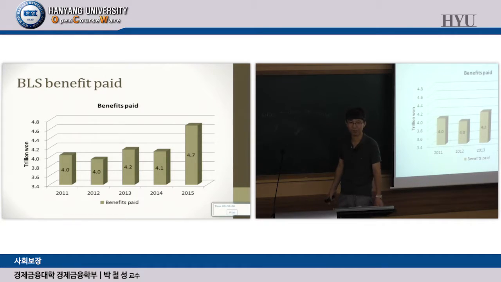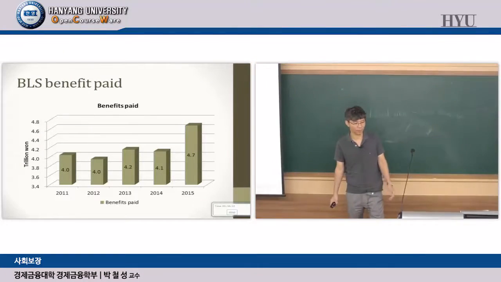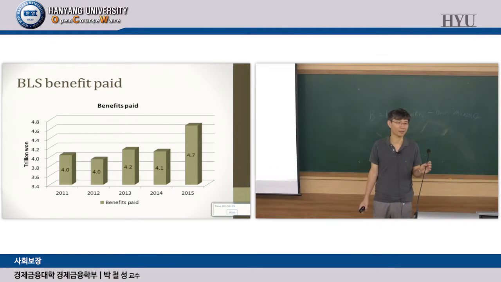So 0.6 trillion, how much? 0.5 trillion won is about 500 million dollars. So in terms of dollars, it's about a $500 million increase in total payment.